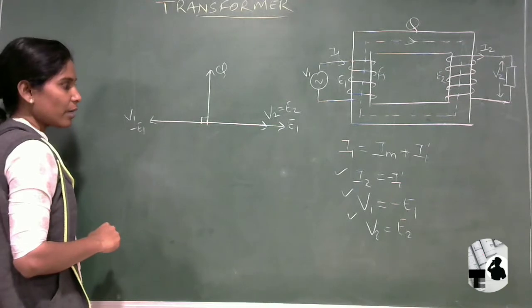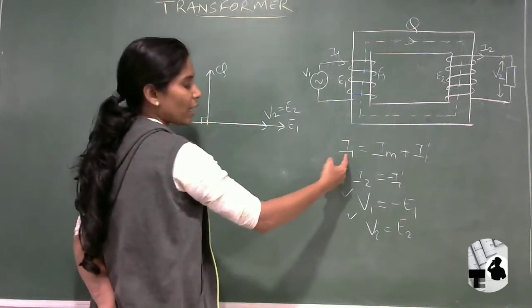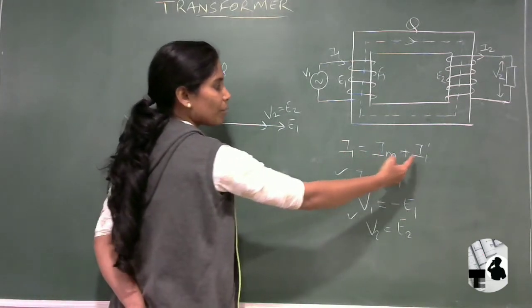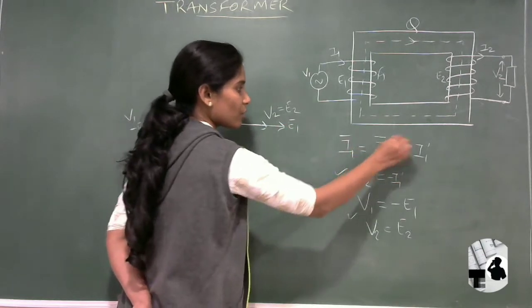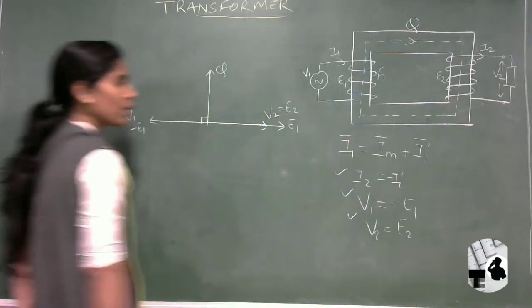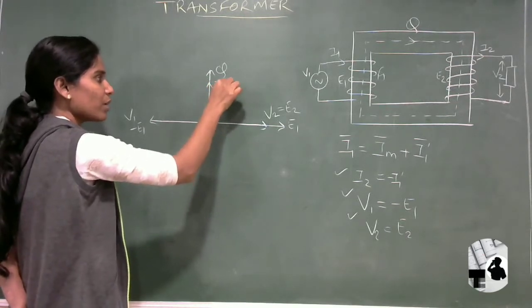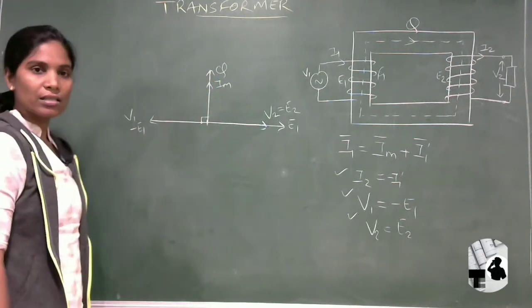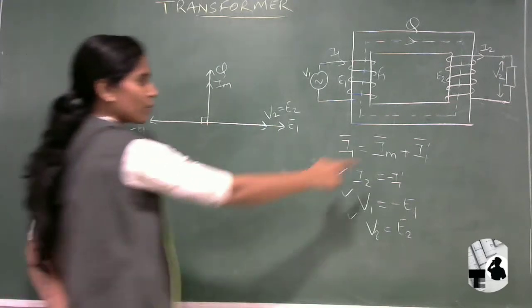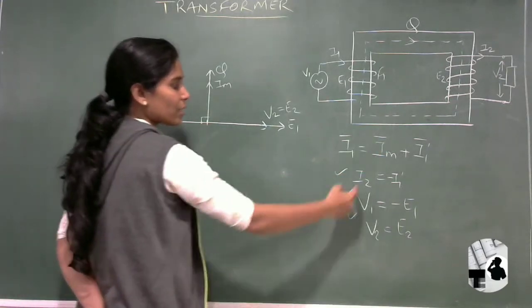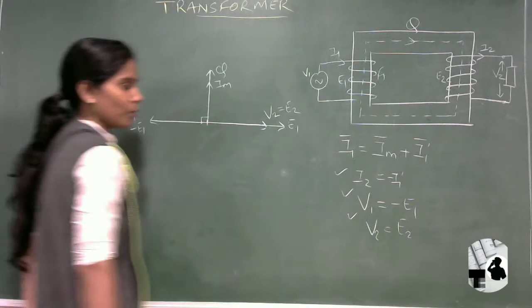Now what is the current I1? I1 is the summation of Im and I1 dash. These are all phasor additions. You know that the magnetizing current is always in phase with the flux because both represent the magnetizing effect. And what is I1 dash? We know that I1 dash is the opposite of I2.